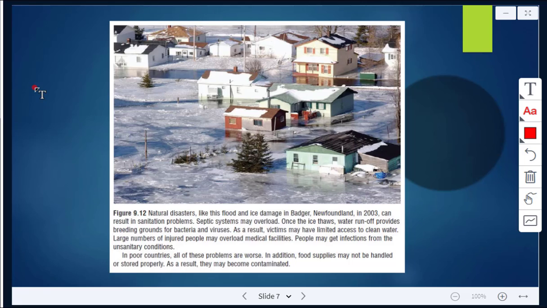All right, this diagram here: natural disasters like this flood and ice damage in Badger, Newfoundland in 2003 resulted in sanitation problems. Septic systems may overload, and then once the ice thaws, water runoff will provide breeding grounds for bacteria and viruses.